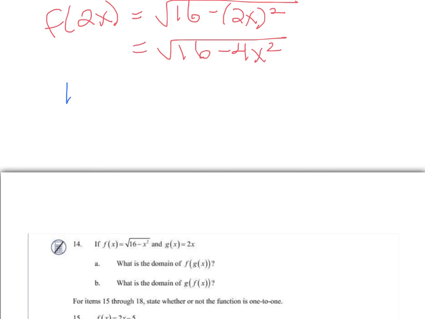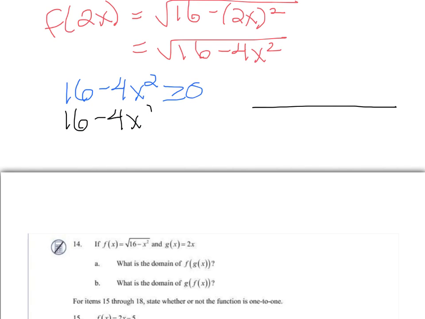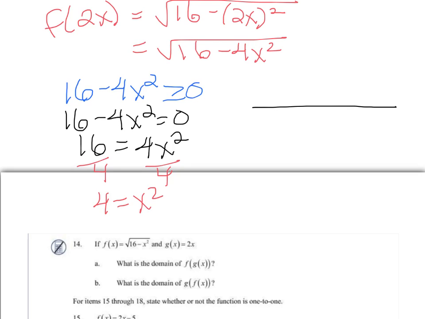I have to set the radicand, which is underneath the radical, greater than or equal to 0. So now we have a quadratic inequality to solve. I'm going to make my sketch a little graph. If I solve this, I get x-intercepts. Let's see. If I pretend it's equal to 0, add the 4x squared over, divide by 4, so we get plus or minus 2.